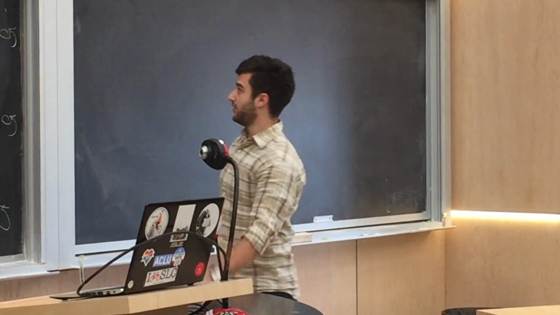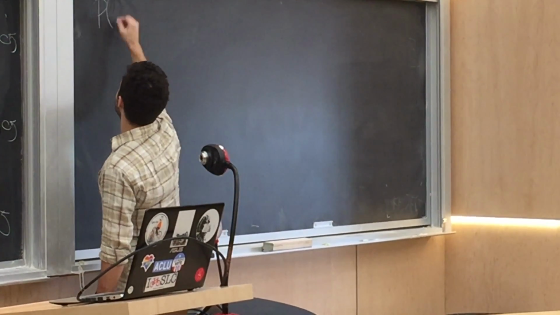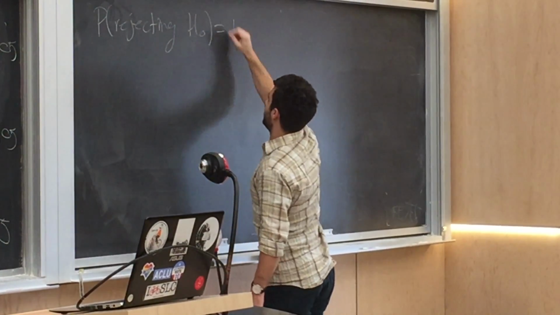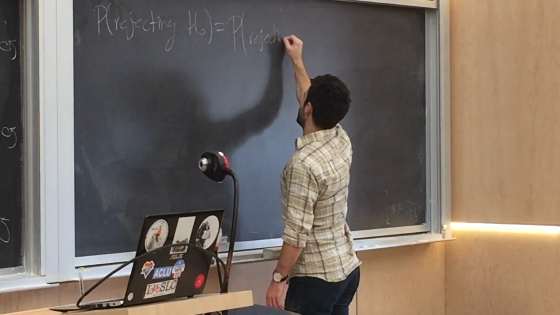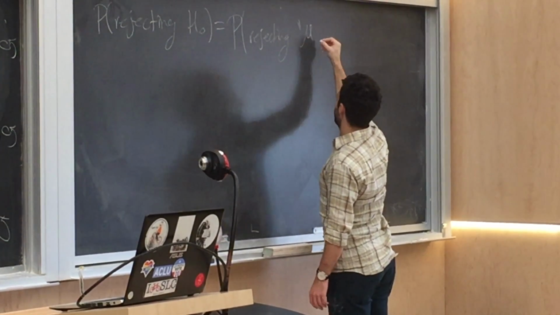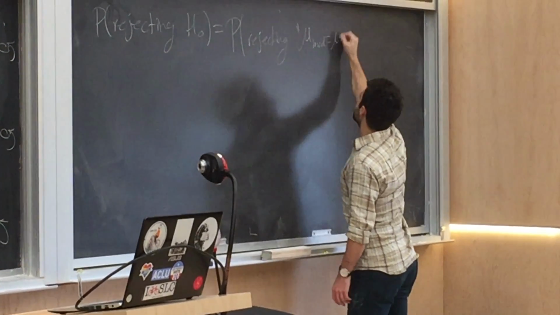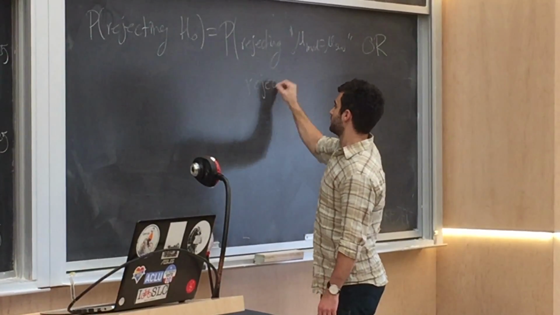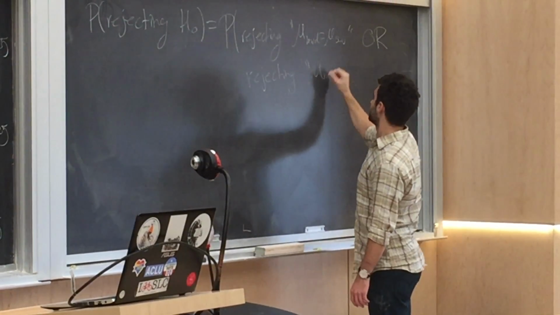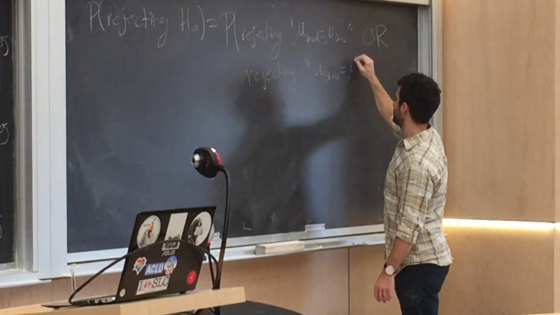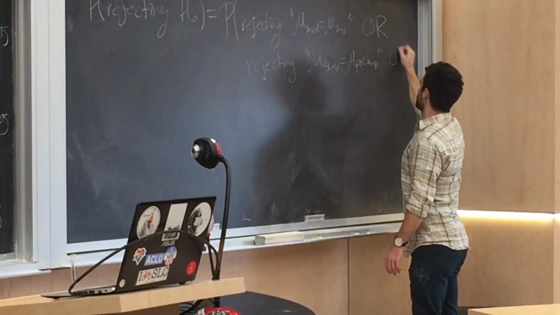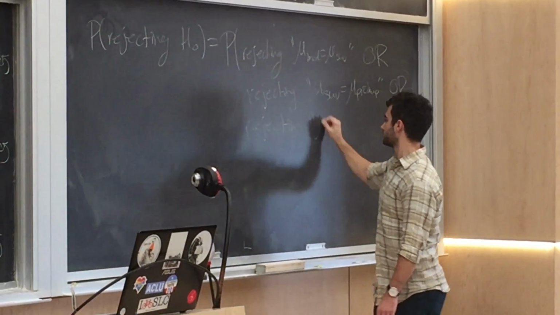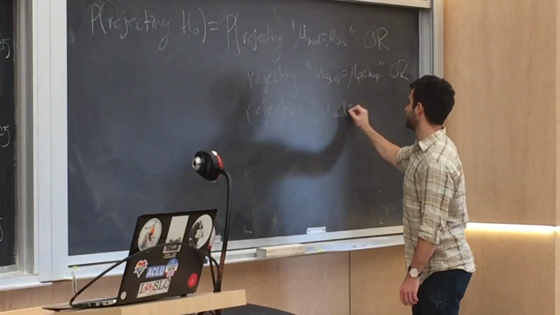So the probability of rejecting the null hypothesis is the probability of rejecting this first comparison, or rejecting the second one, SUVs equals pickups, or rejecting the third one, midsize and pickup.